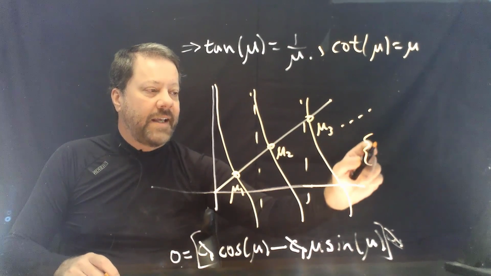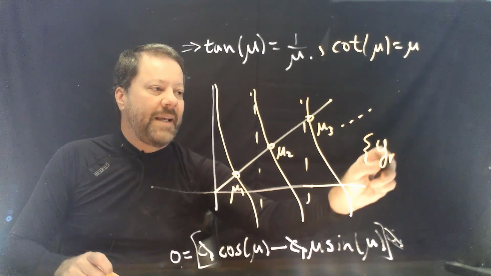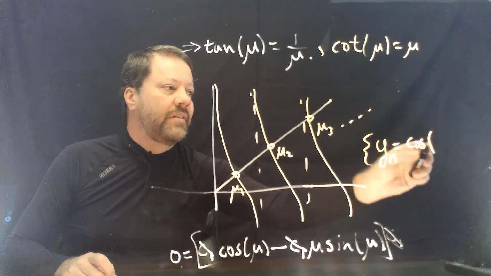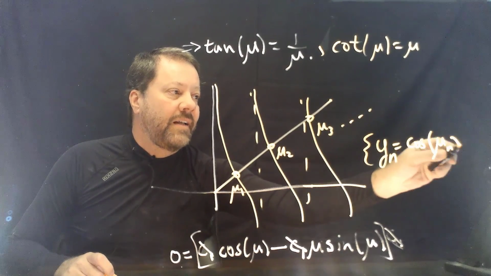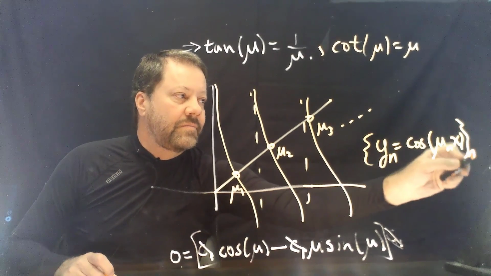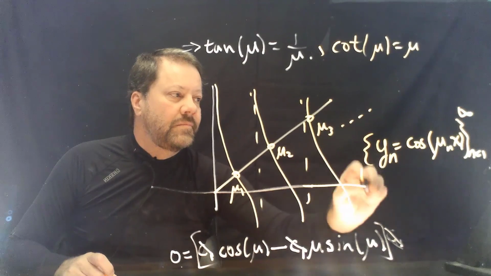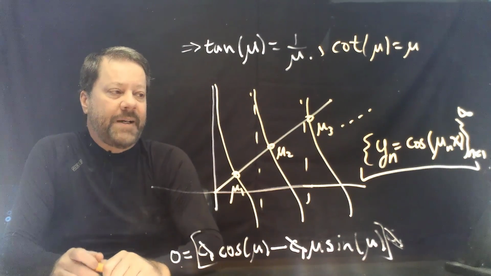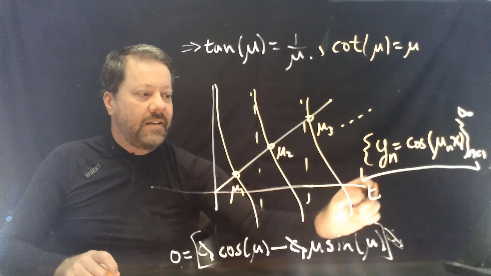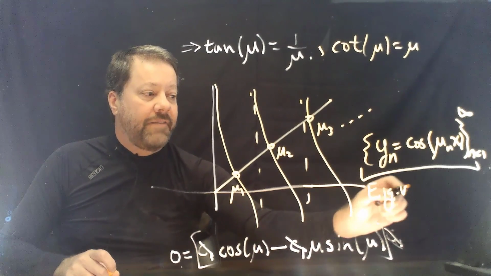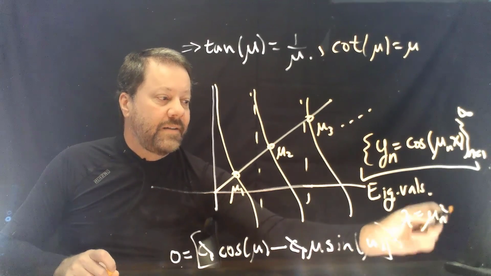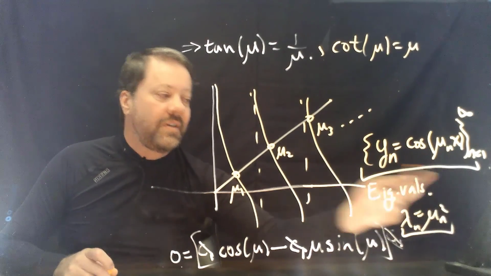This gives us a class of solutions y sub n equals the cosine of mu sub n x. These are one-dimensional subspaces. The eigenvalues are lambda n equals mu n squared.